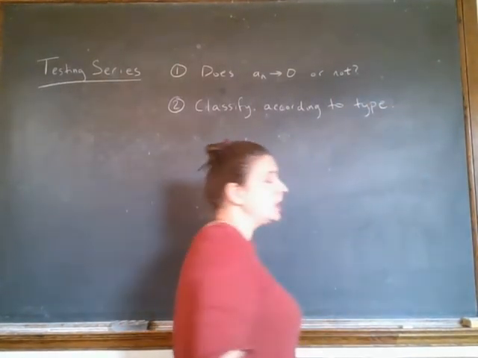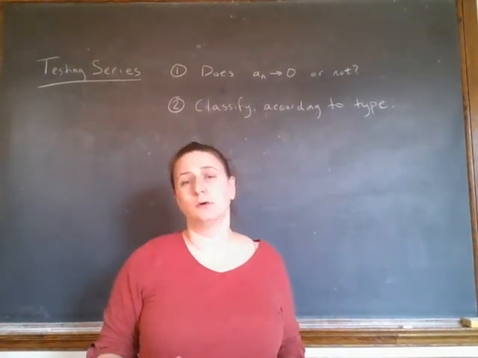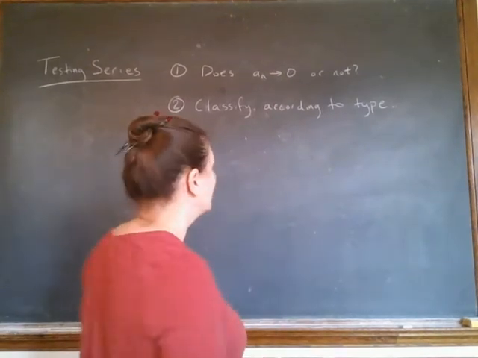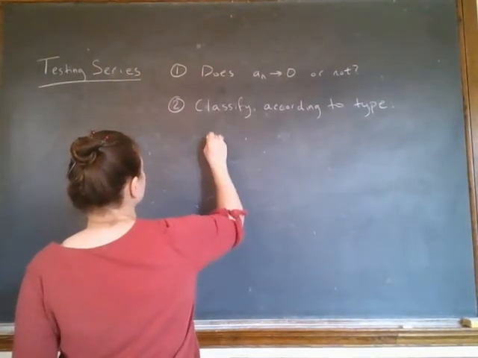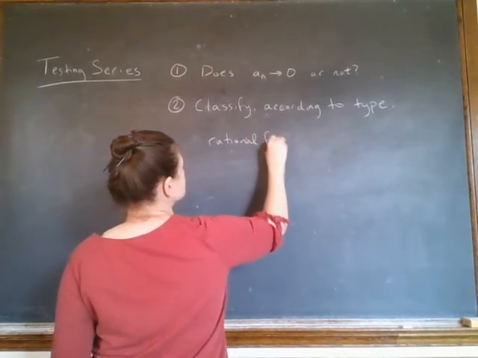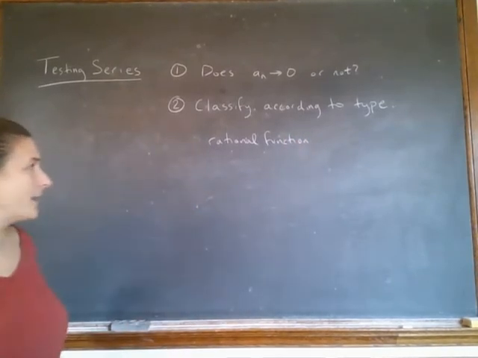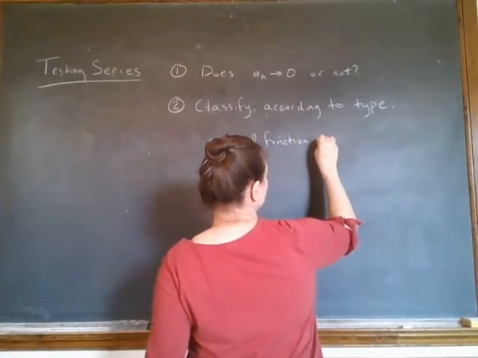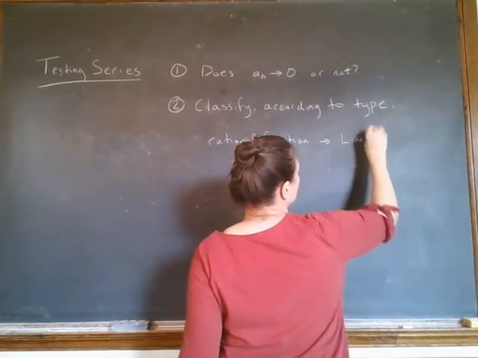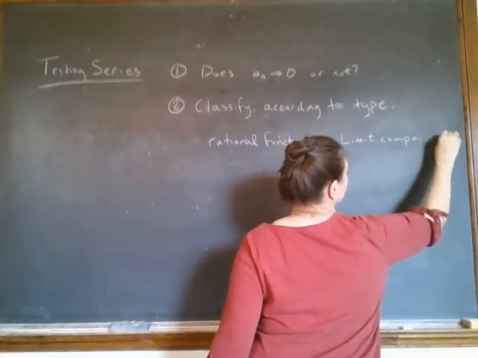Now what we saw is that certain things we just knew which test to use. For example, if it's a rational function, also possibly square roots, whatever, but rational or algebraic function, we're going to use the comparison tests. So limit comparison or regular comparison with an appropriate p-series.